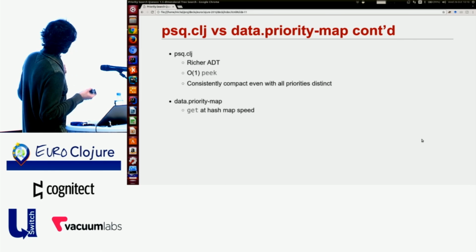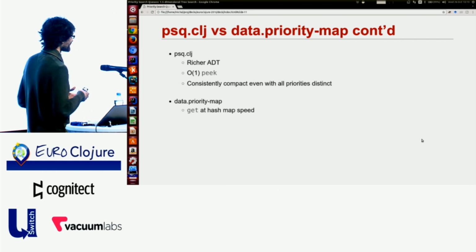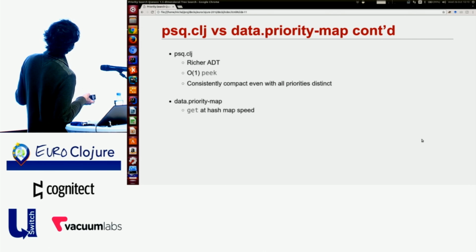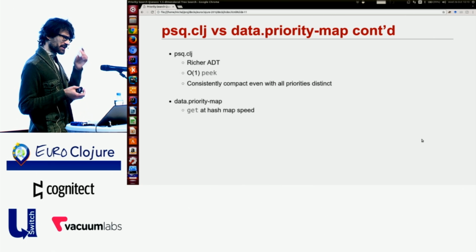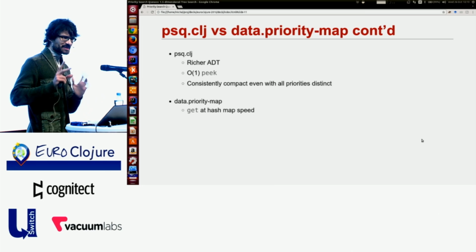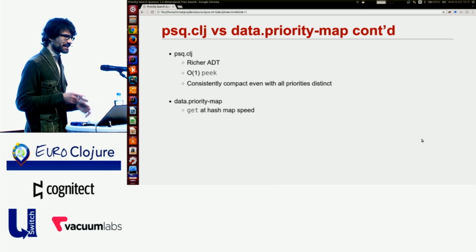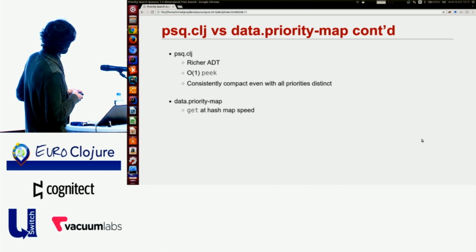So this is a short comparison with some points that are very clear. The other points are maybe in need of more research. So with PSQ-CLJ, you get a richer ADT, you get proper constant time peek. Data priority map's peek is logarithmic time. Now, as Mark explains in the docstring on the namespace, that's probably fine in many scenarios, but it's just something to take note of, I suppose.